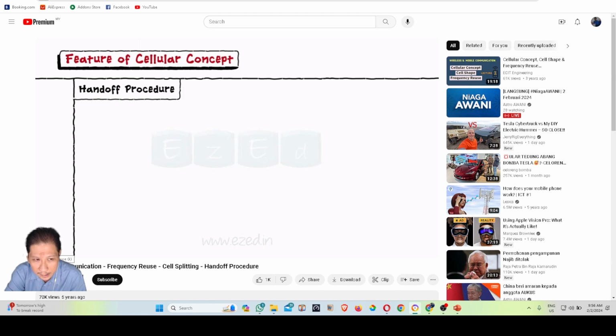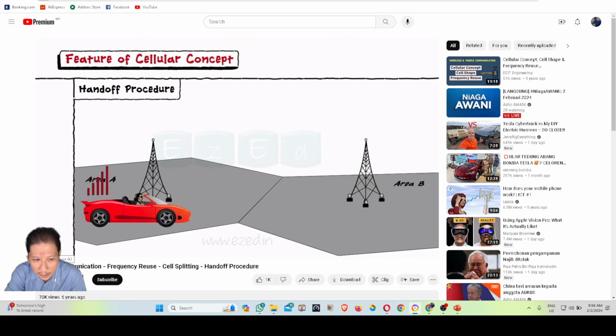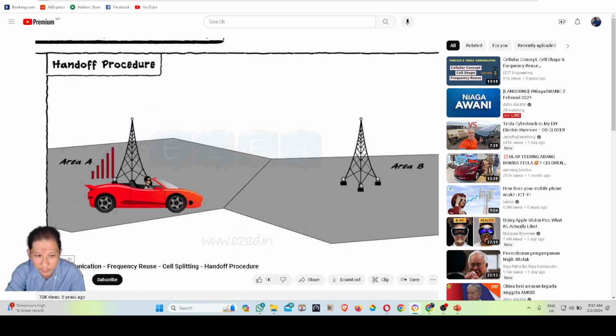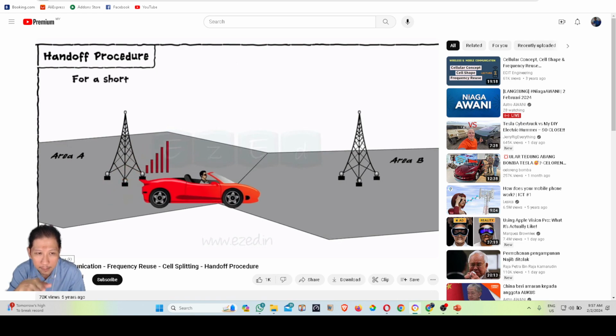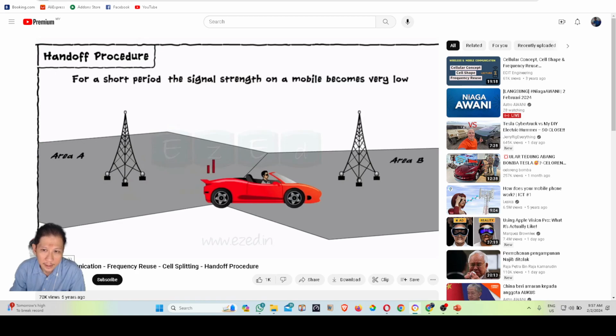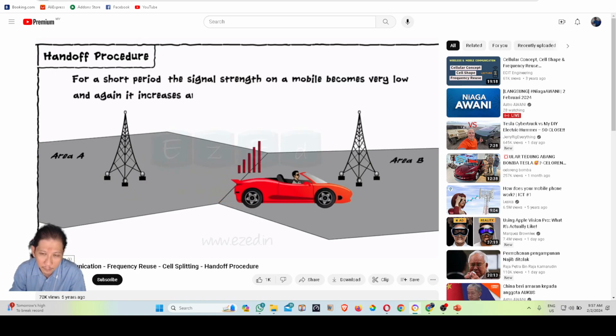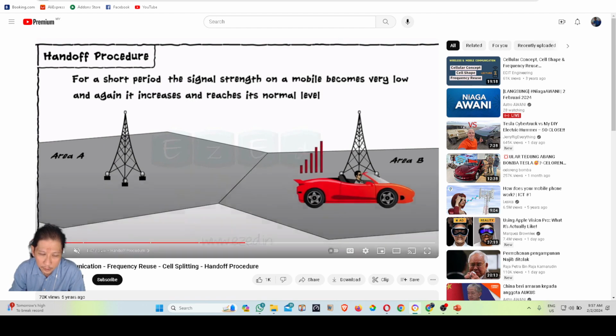Okay, this one is the handoff procedure. Handoff procedure from tower A to tower B, from area A to tower B. When the car reaches in between tower A and tower B, the signal becomes very low and weak, and again it increases and reaches its normal level.